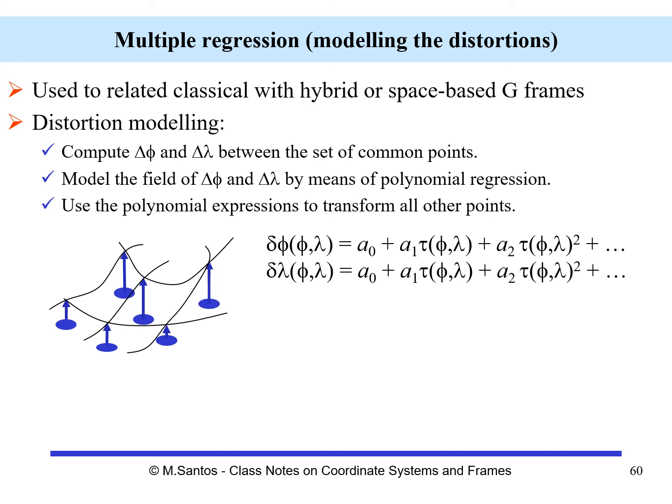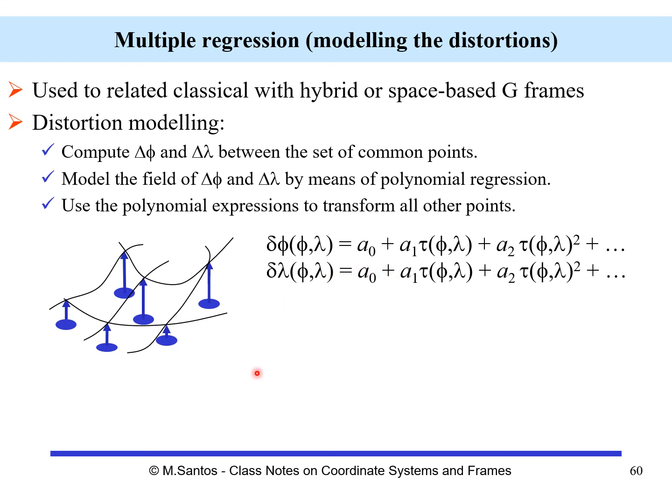I'm just writing a quadratic polynomial here. It's not a prescription, it's just an example. And obviously what we have here are the coefficients that have been estimated and the arguments tau. So these represent the surface for latitude and for longitude.